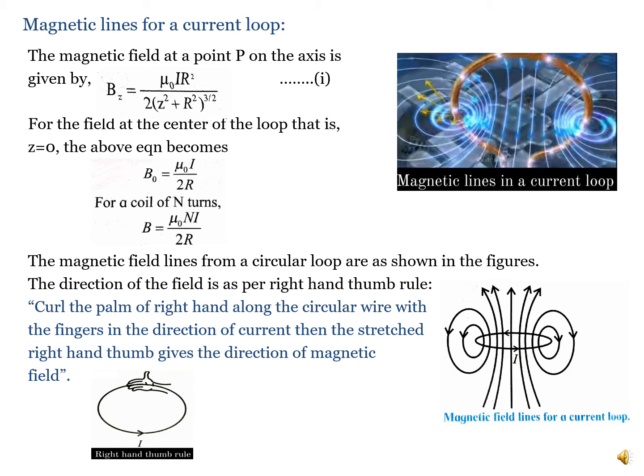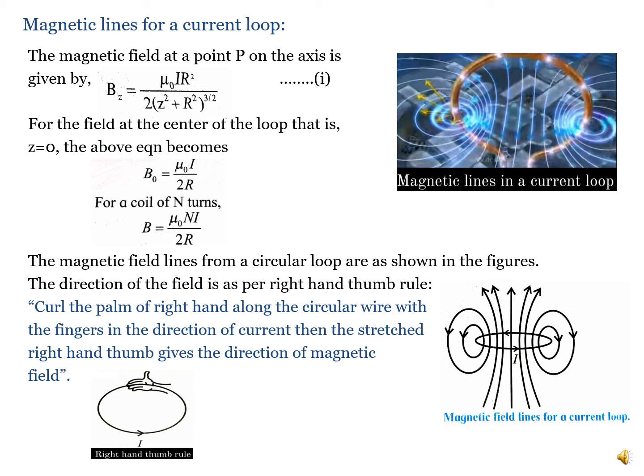The same equation we had obtained in the expression for the magnetic field at the center of the current carrying loop. If the coil has N number of turns, then the equation can be written as B equal to mu 0 N I upon 2R.